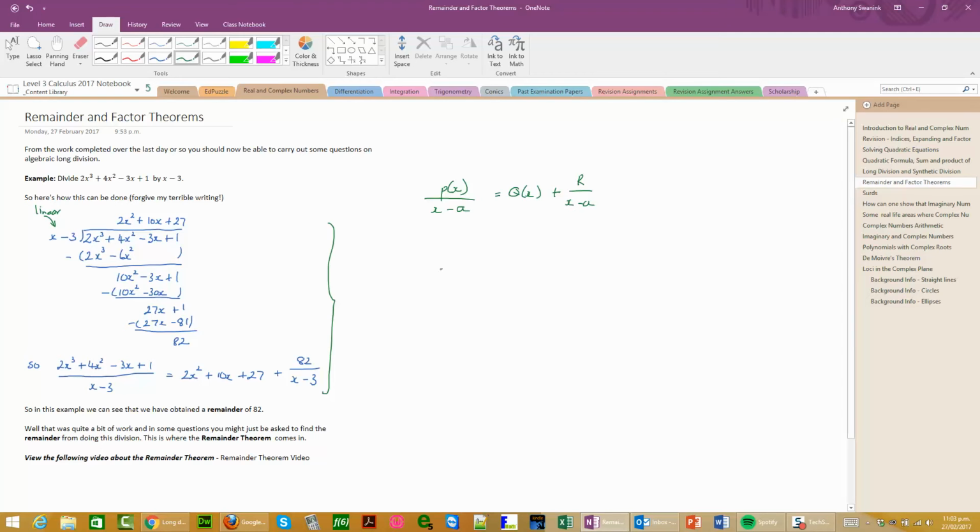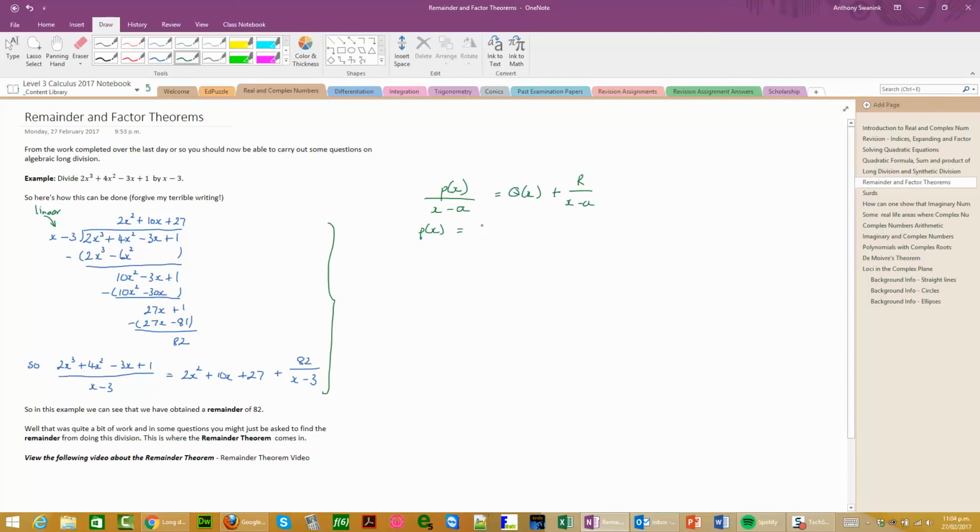Now let's do a little bit of rearrangement here. Let's get p(x) on its own. To do that, I'm going to multiply every part of this equation by x minus a. If you multiply this by x minus a, the x minus a's would cancel, leaving p(x).